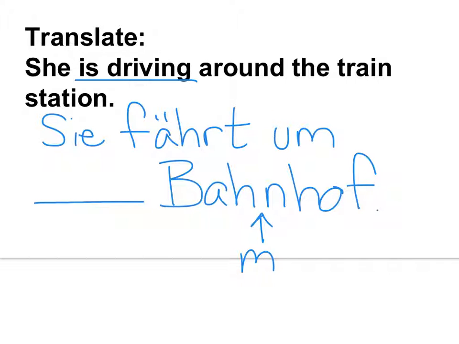Say again? It would be den. Yep, because the around makes it accusative, and der changes to den. Everybody try that one. Sie fährt den Bahnhof. Good. Trying to work in vocabulary I know you need to know.